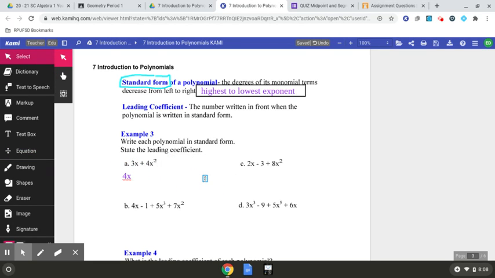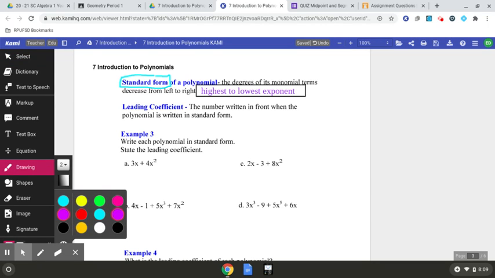Might be easier for me to write this. All right, we're going to write this out. So we're going to put our first term, we're going to write it first. So that would be the 4x squared. Then we're going to bring down our 3x, right? So now I'm descending in order from highest exponent to lowest exponent.